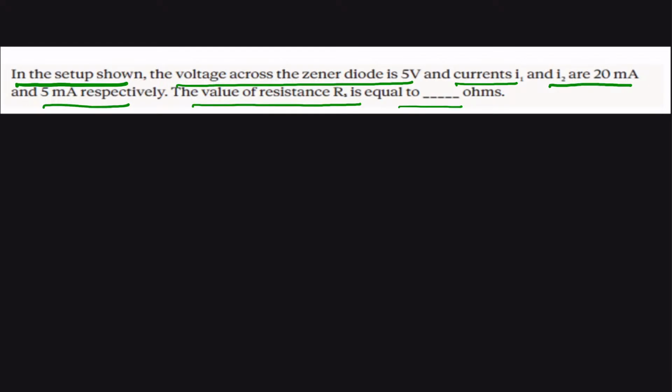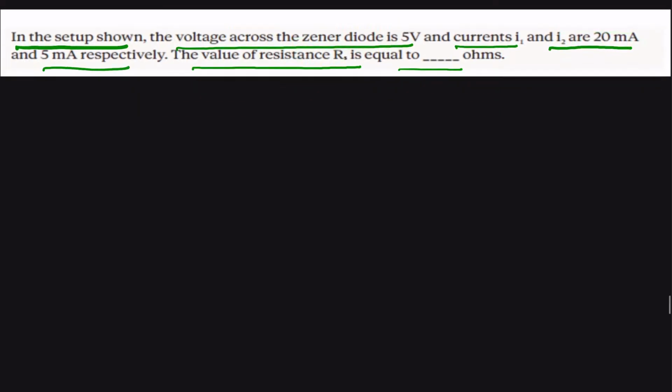So the basic figure is given to us. We are having resistance RS, a voltage source of 25, and here we are having a zener diode, and there is a load resistance RL.